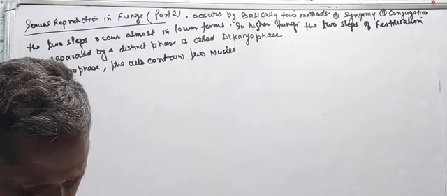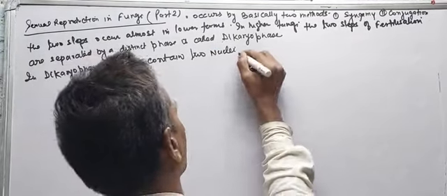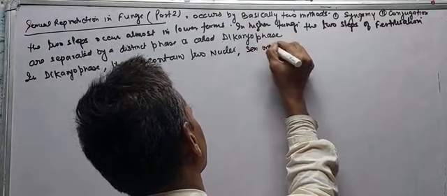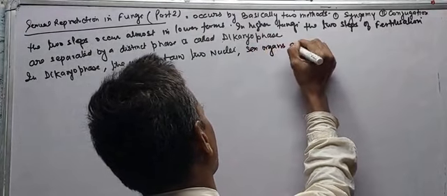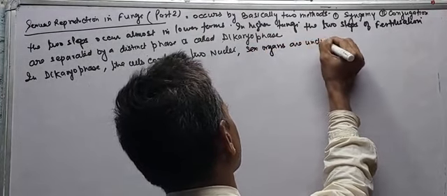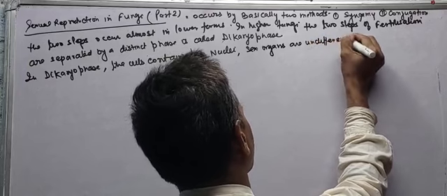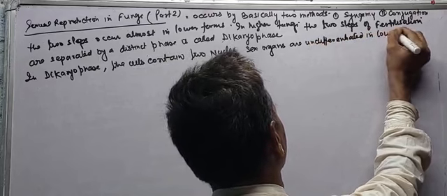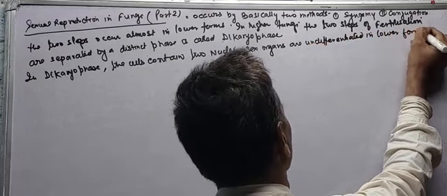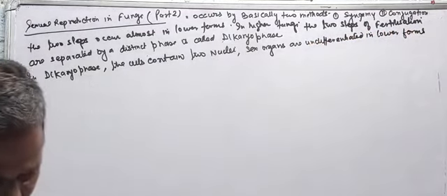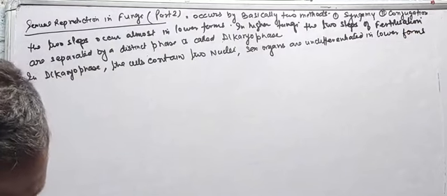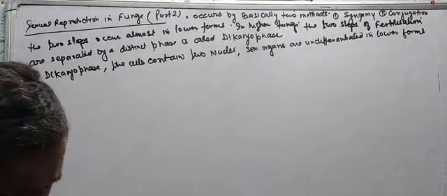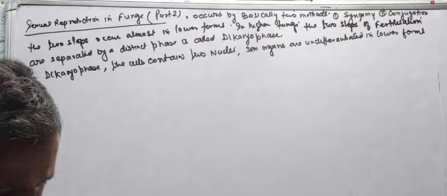Sex organs are undifferentiated in lower forms. They are differentiated in moderately evolved fungi.